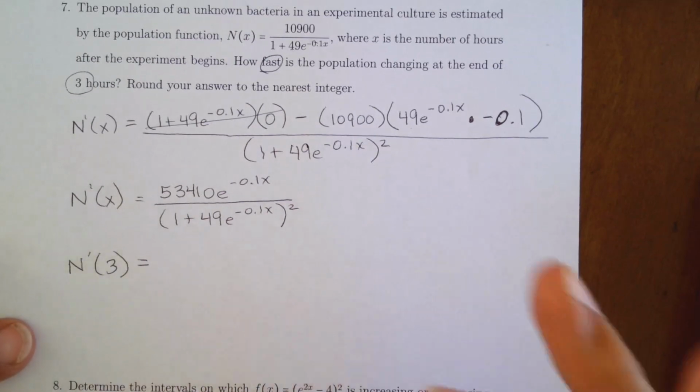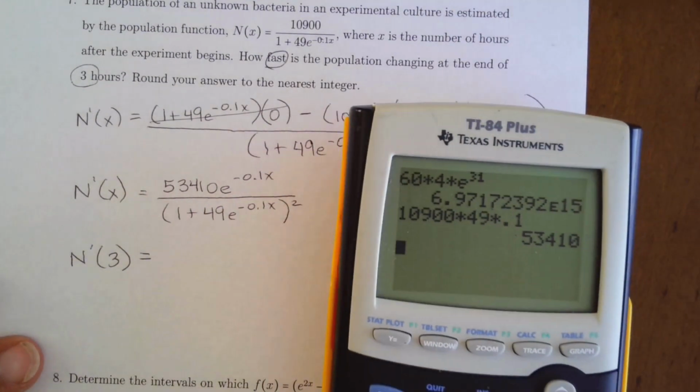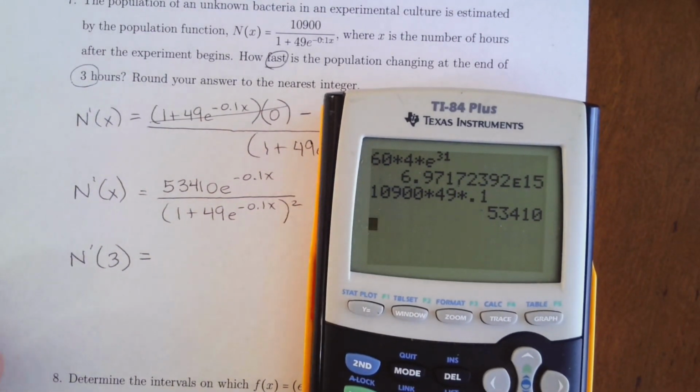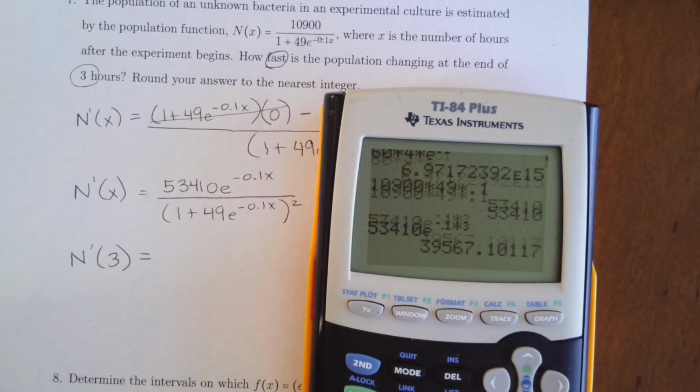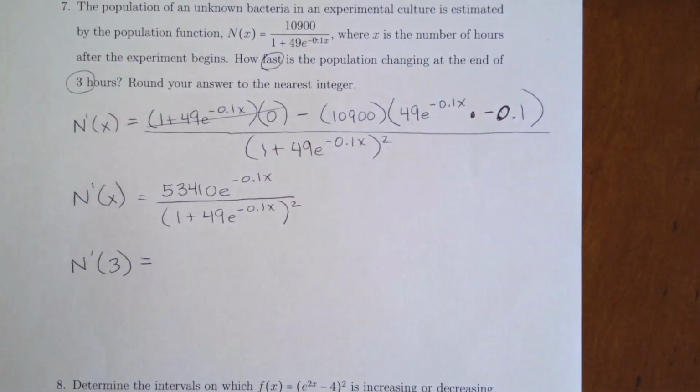Or you put this whole thing in your calculator and do it that way, however you guys want to do it. So I'm going to do 53,410 e to the negative 0.1 times 3. So there's my top number, and I'm not going to round that, okay?